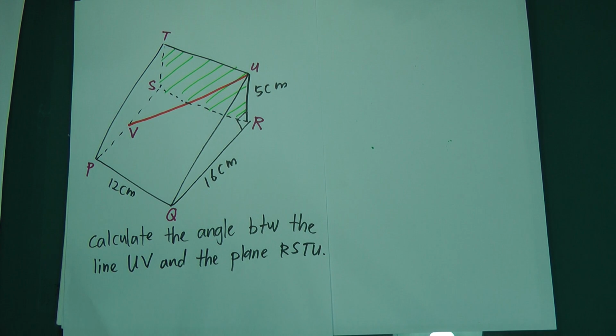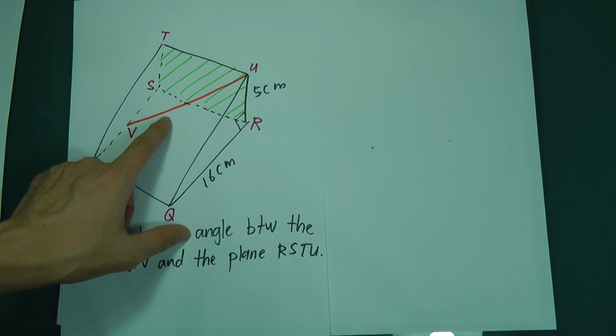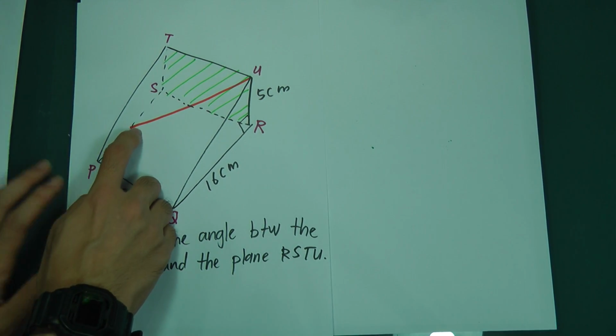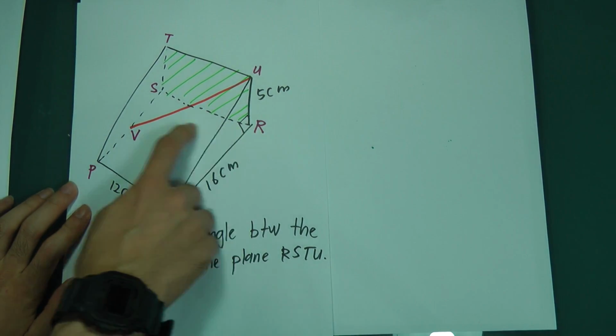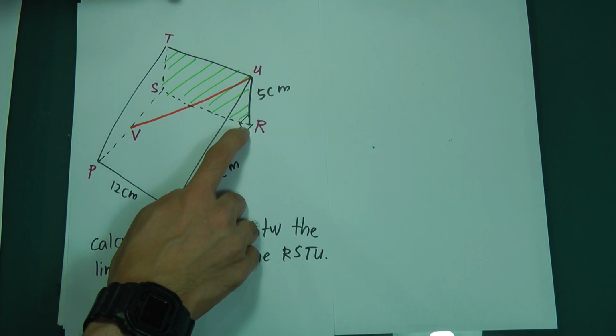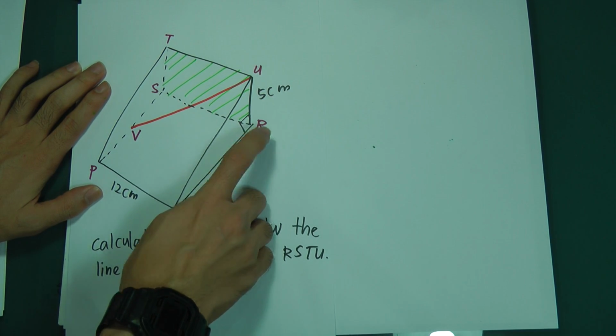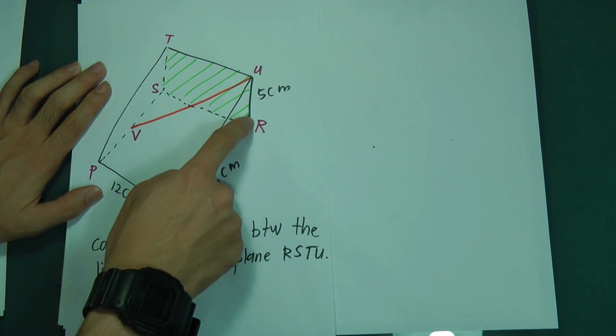Now you have a line like this. Where should your light come from in order to see the shadow of this line? It's not from the top, because if the light is on the top, you will see the shadow over here. But we want the shadow on the plane.